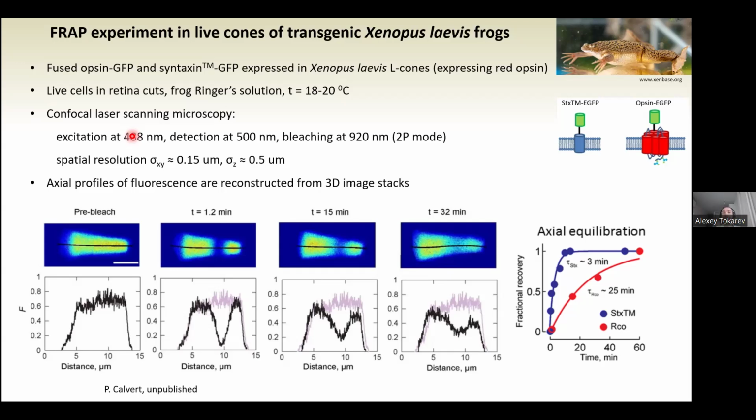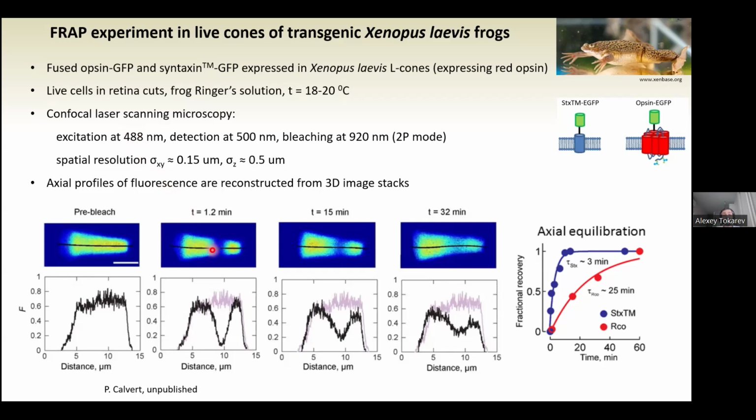This is a very good question. Bleaching actually does not change the concentration of rhodopsin, but it changes the concentration of rhodopsin which we can observe.